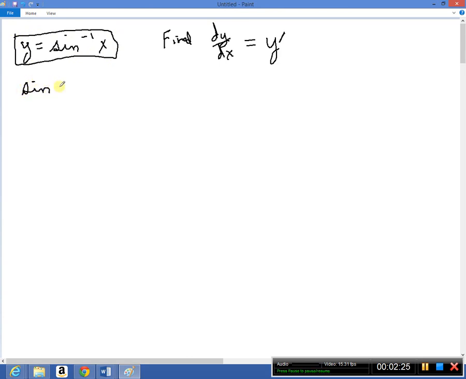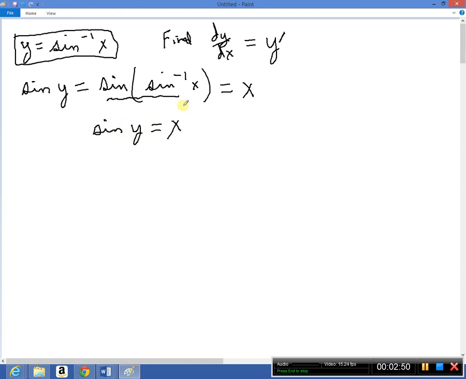In other words, the sine of y on the left would be the sine of the inverse sine of x. And the whole idea is that sine and inverse sine are matter and antimatter. They cancel each other out. That's the whole reason for doing this, and so we're left with x. So we have this new equation, sine y equals x, which is an equation which relates x and y.